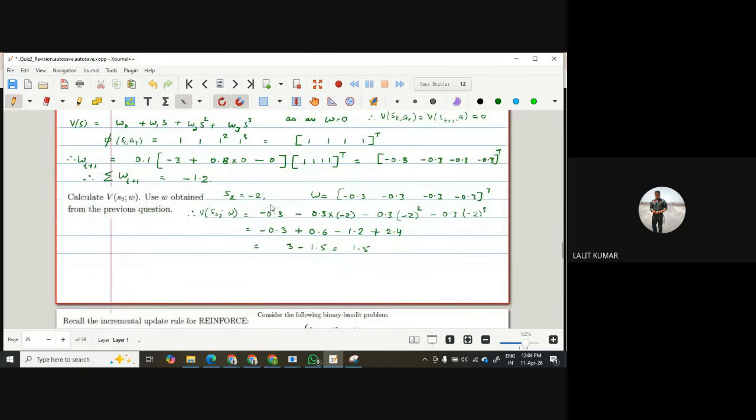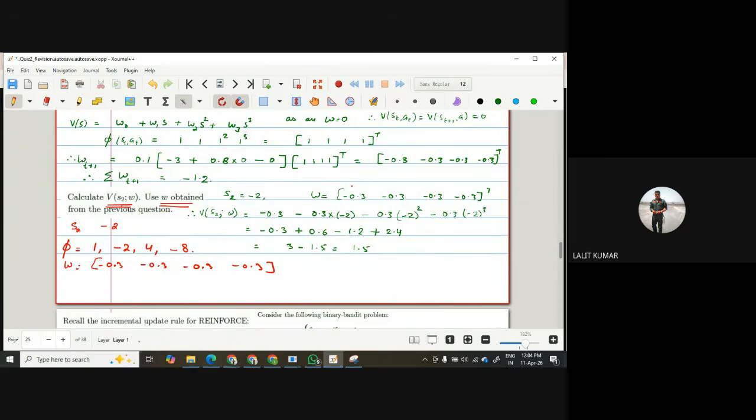Okay. They have also asked to calculate V(S2, W). Now S2 we know, and use W obtained from this. S2 is minus 2, so your phi was 1, then S2 which is minus 2, then S2 square which is 4, and then minus 8. And W you have got minus 0.3, minus 0.3, minus 0.3, minus 0.3.